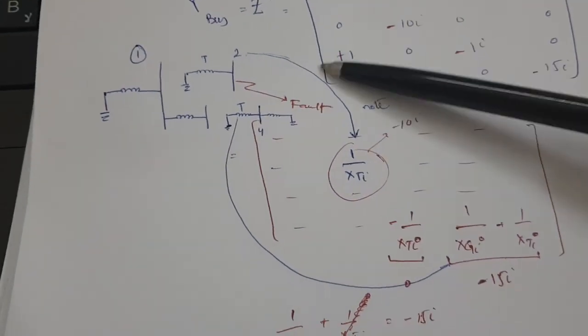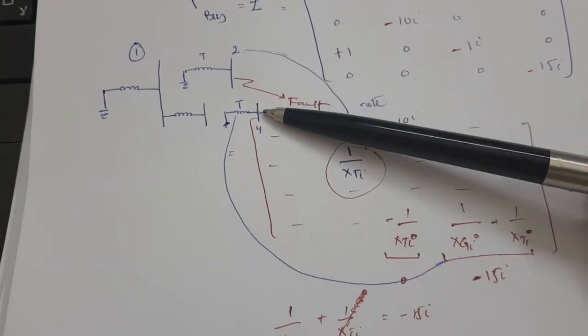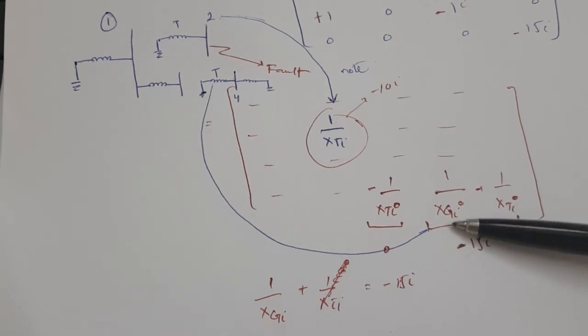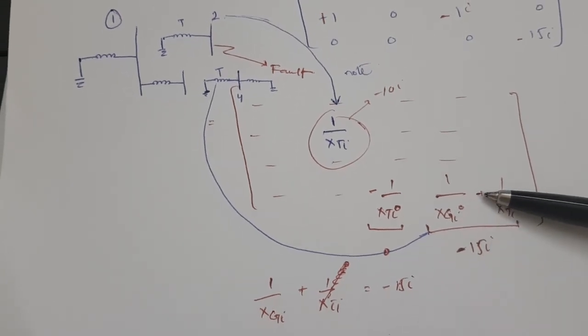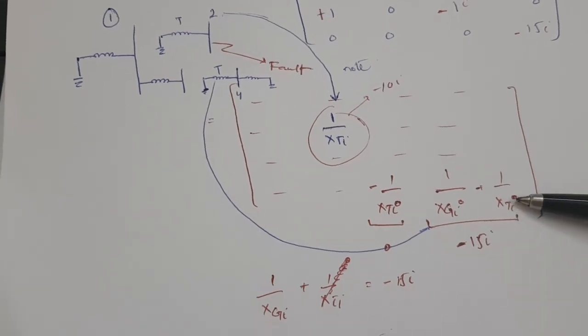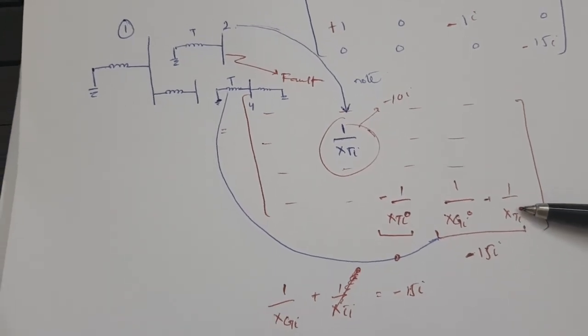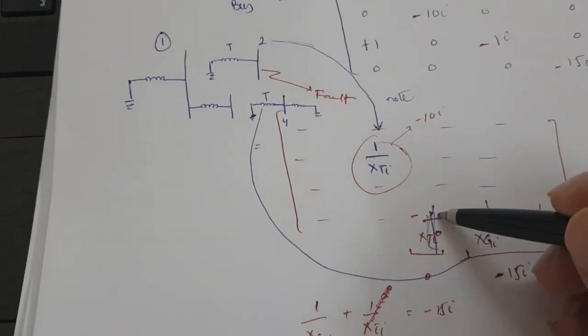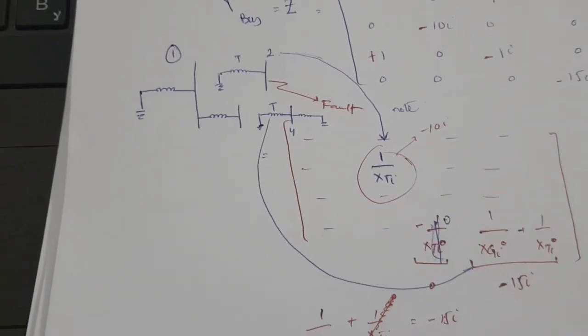You can see that similarly at 4 I can get the generator reactance: 1 over Xg0 plus 1 over Xt0.